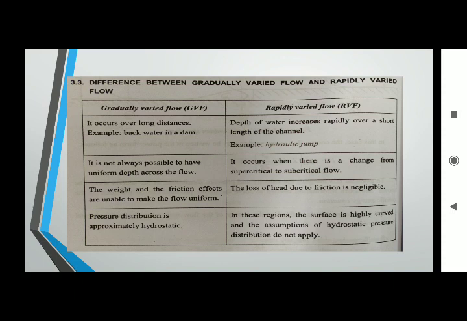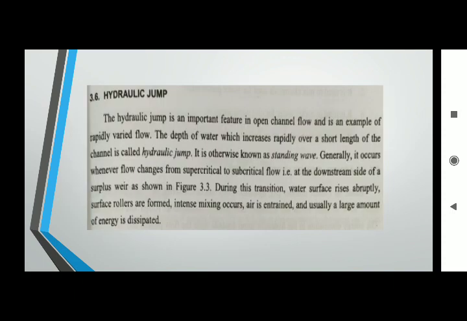Then we discussed hydraulic jump, which is similar to the rapidly varying flow definition. There will be an increase in depth within a short length. That is called hydraulic jump.